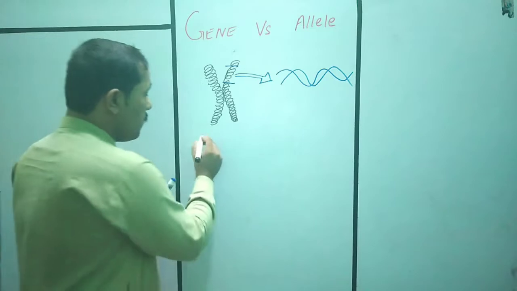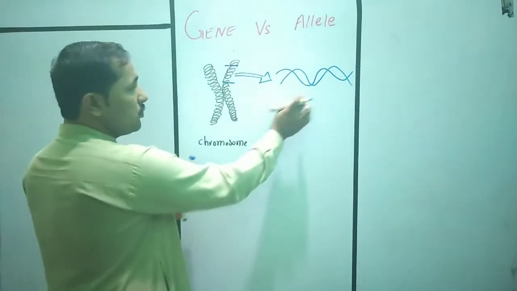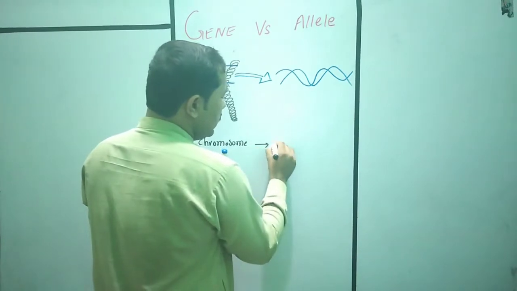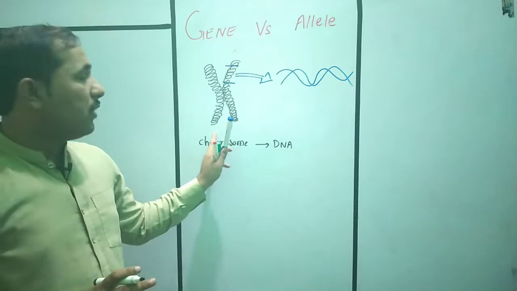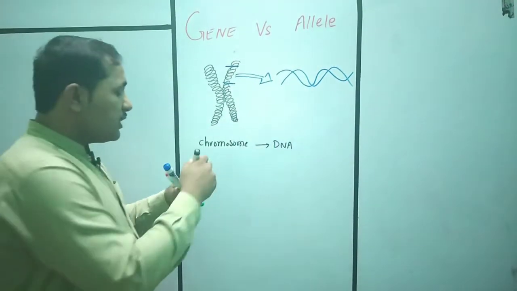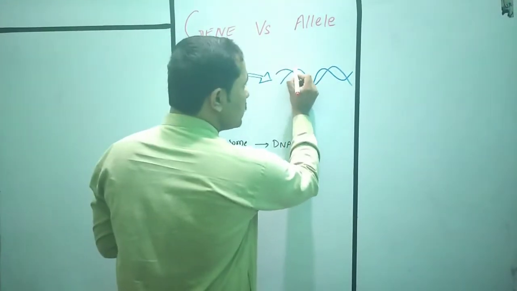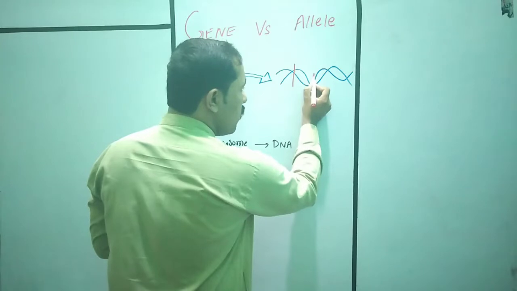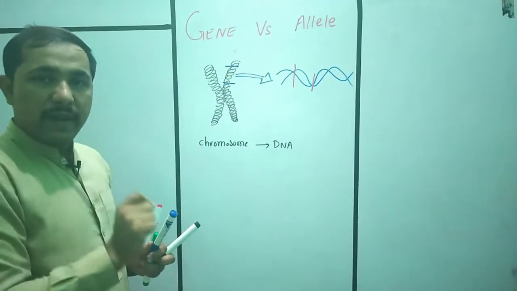This is a chromosome, and each chromosome has DNA. Definitely protein is also present in it, but I am only discussing the DNA. The specific fragment of any DNA that controls specific characters. Let's suppose this is the small fragment, any fragment, that is also double strand.